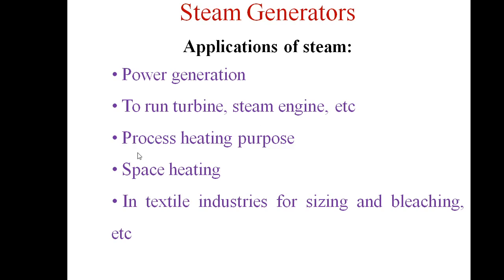So steam is used for process heating. There are certain processes, chemical processes, where heat is required, and this steam is used for process heating purposes and also for space heating. So wherever some space has to be heated, steam is used. And in textile industries, also for sizing and bleaching processes, steam is used.